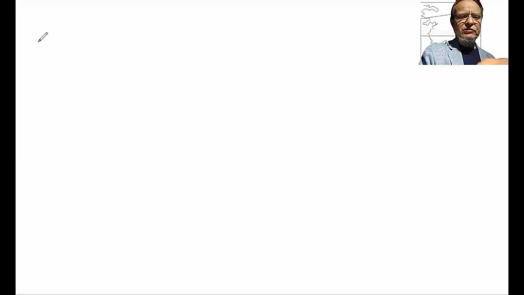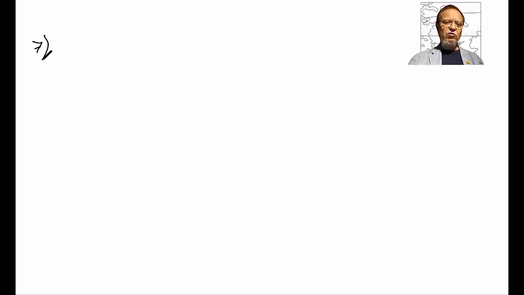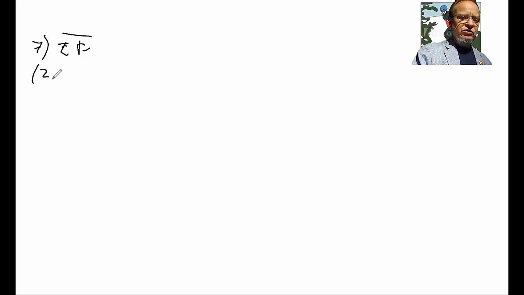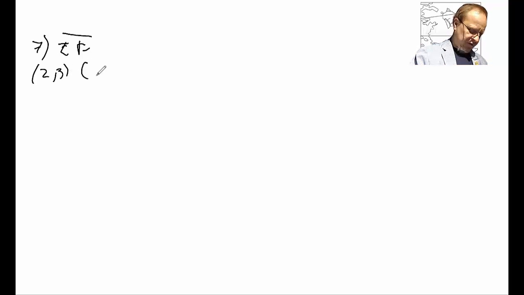In example number 7, we're going to analyze what it means to be perpendicular. So we have line segment EF, and E is (2, 3), and F is (1, 1).